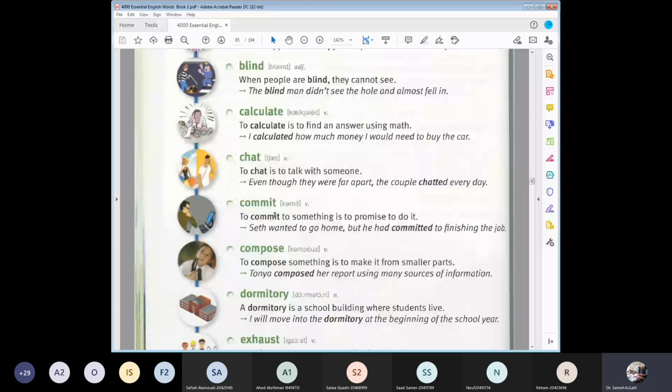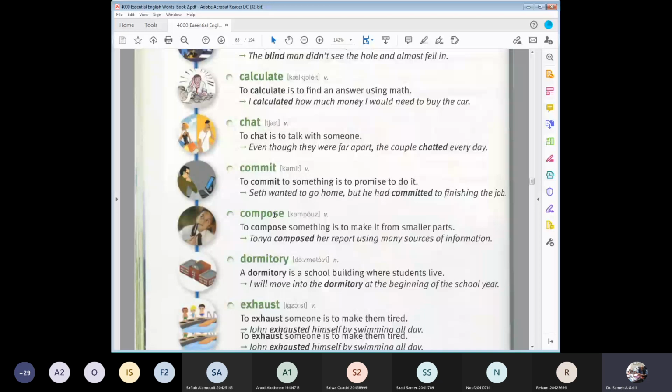To chat is to talk with someone, of course. Even though they were far apart, the couple chatted every day. If you still remember, when we spoke about relationships, this is a relationship of contrast. When people are far apart, they obviously cannot chat, but they did it.